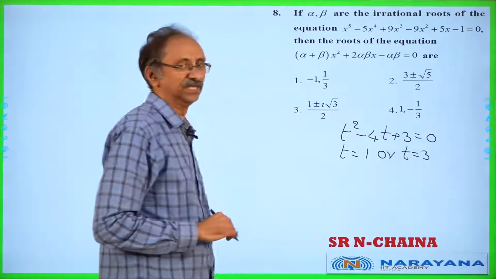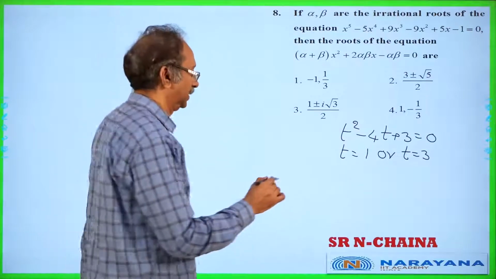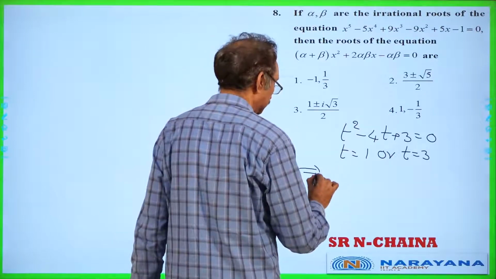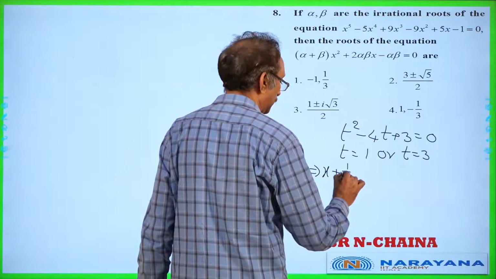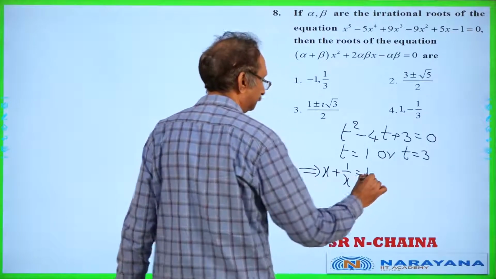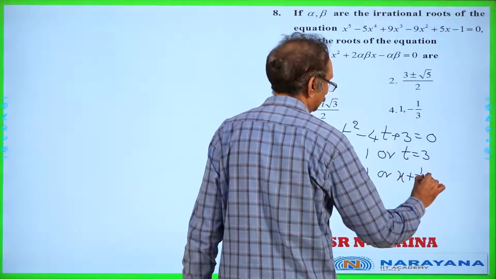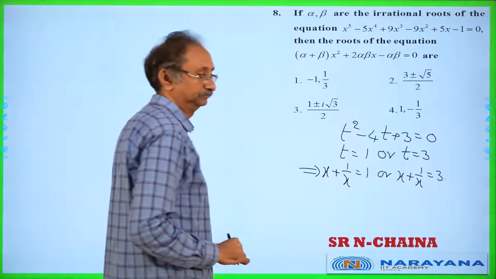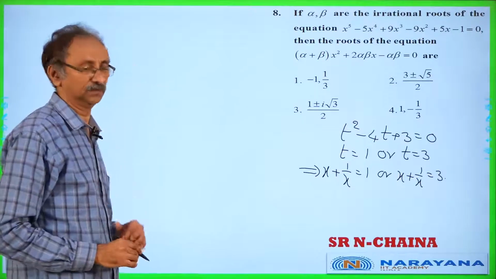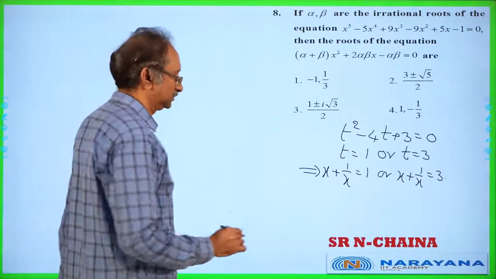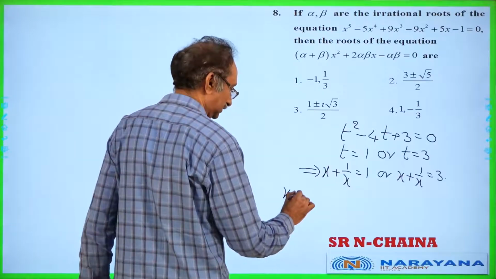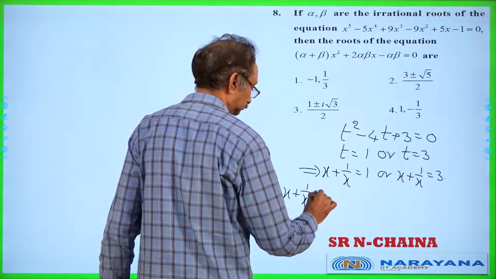But actually what is t? x plus 1 by x. So that implies x plus 1 by x is equal to 1 or x plus 1 by x is equal to 3. Already one root is 1. And consider this case, x plus 1 by x is equal to 1.